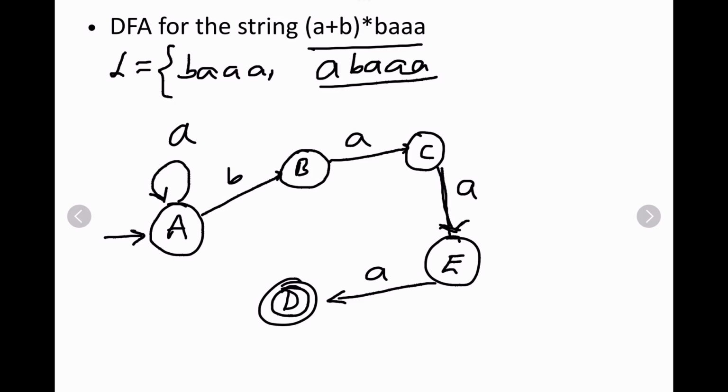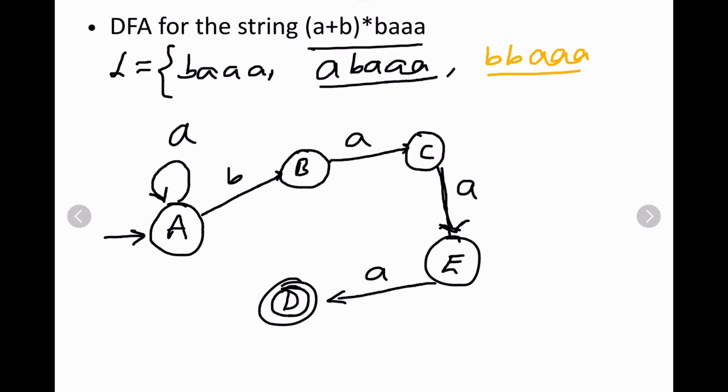Okay. Now I'll take one more combination. Suppose I take bbbb. This is also a valid string. Why?